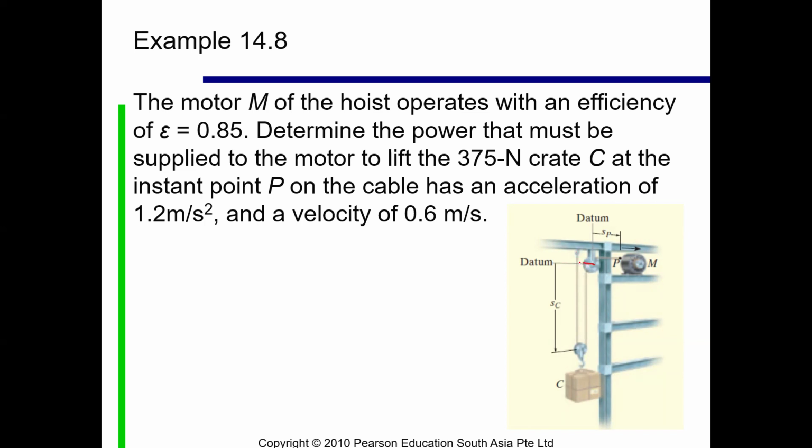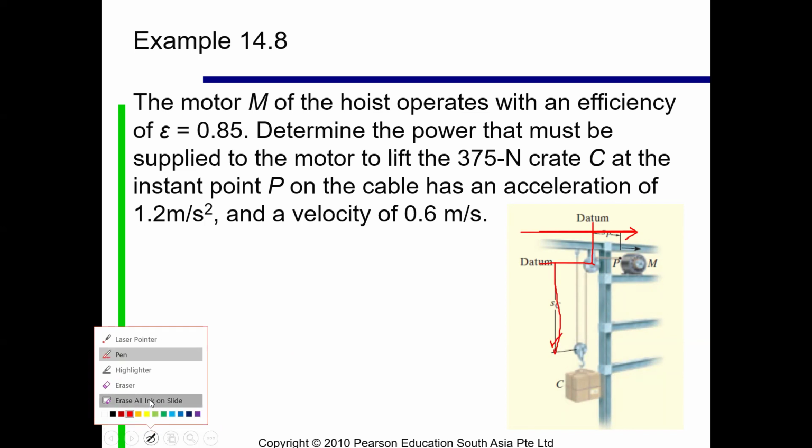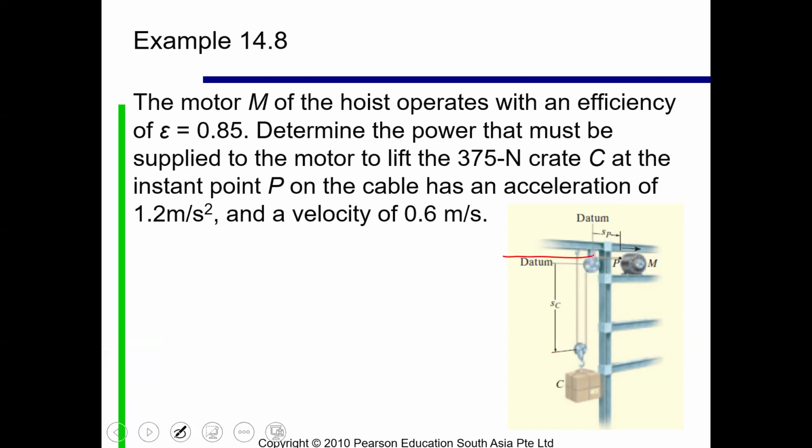Do you remember that we first placed datums? And this datum is towards the increasing distance of the rope, right? Let me erase it and do it again. So this is the datum point here. This is increasing this way. This is the datum for the other rope. This is increasing this way.